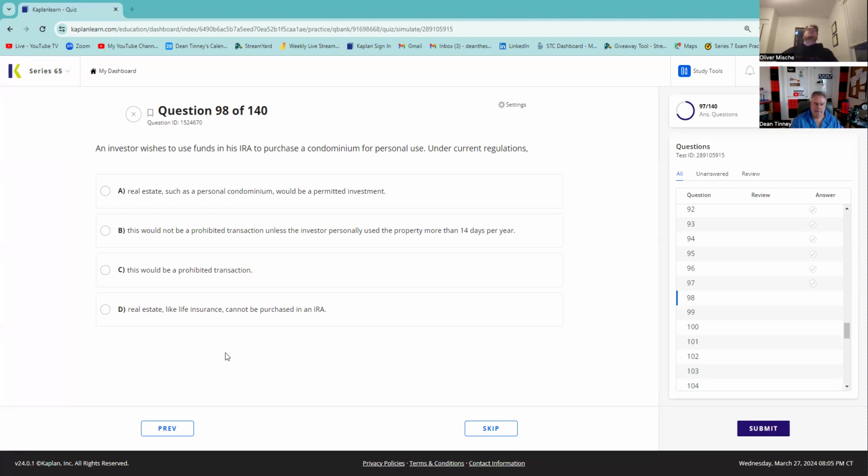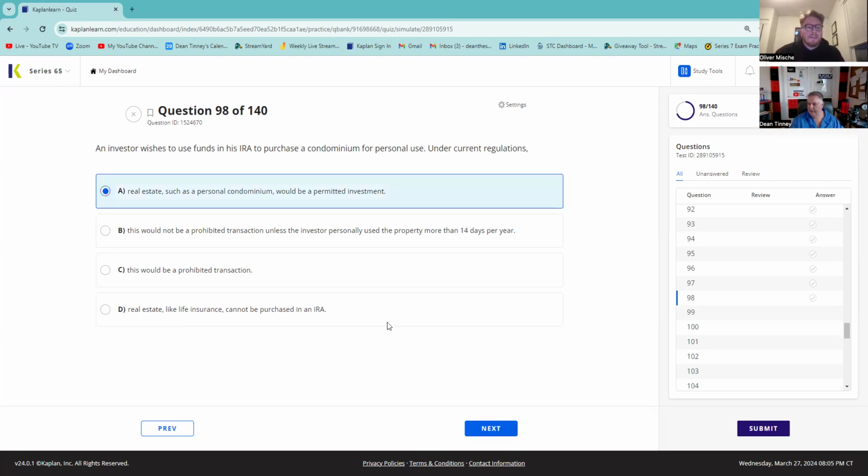It's a condominium for personal use, investment, not. This one's funky. I haven't had anybody ever tell me that they would have to do this. It'd be interesting when we score this to see if we get this right, because there is a provision for your first-time home purchase. I'm not sure how Chuck is doing this, but it might be C depending on what the rationale is.